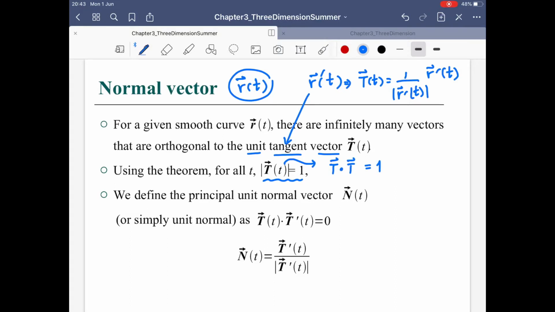So you just square it, so you have this. Then you can find the derivative of both sides, d by dt.